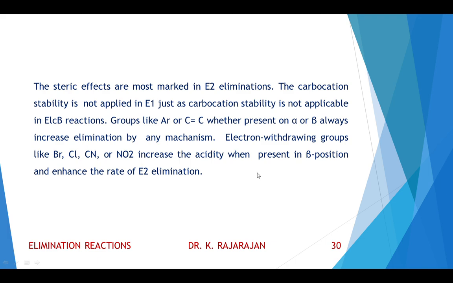Groups like aryl or C=C, whether present on alpha or beta, always increase elimination by any mechanism. Electron withdrawing groups like bromine, chlorine, cyanide or NO2 increase the acidity when present in the beta position and enhance the rate of E2 elimination.